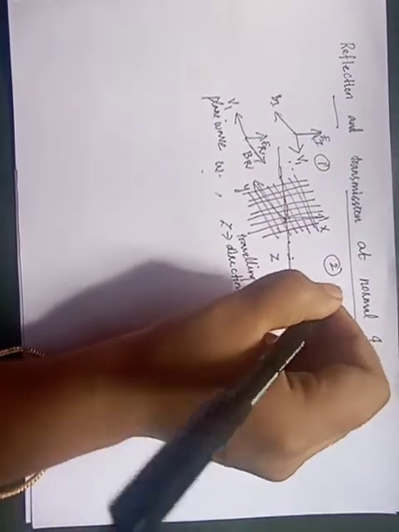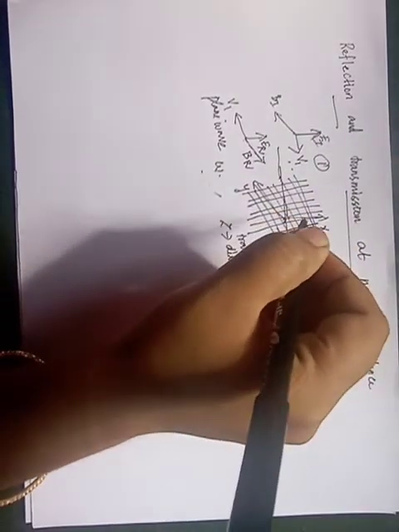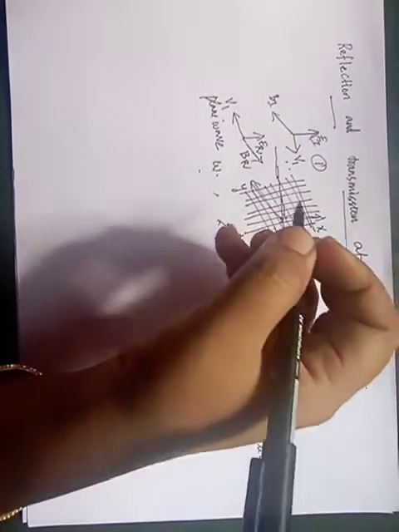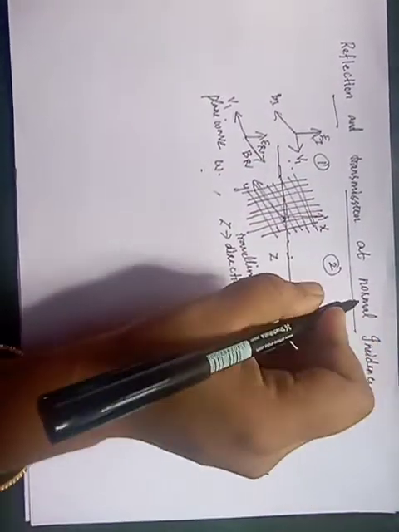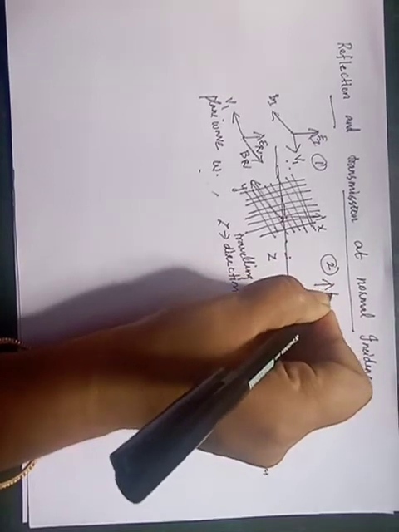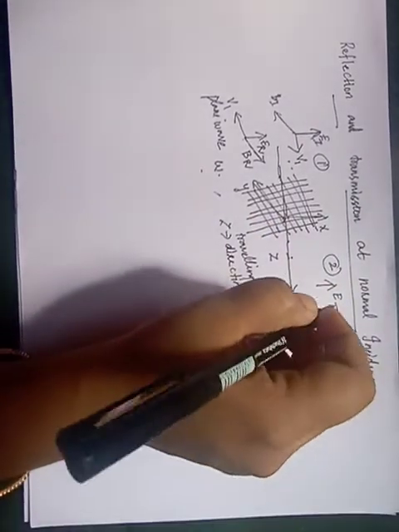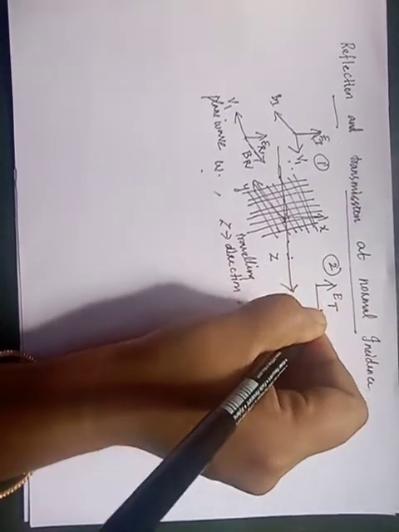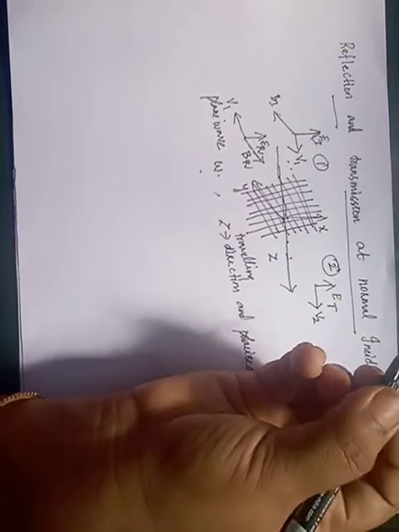Then the transmitted electric field. The wave will be incident here, some of the wave will get reflected and some of it will be transmitted. So the transmitted electric field will be in the same x direction, and since the wave will travel in this direction, we write the velocity as v2, because in medium 2 the velocity will differ.